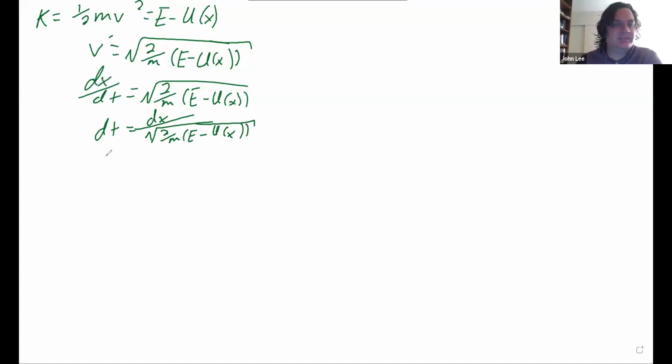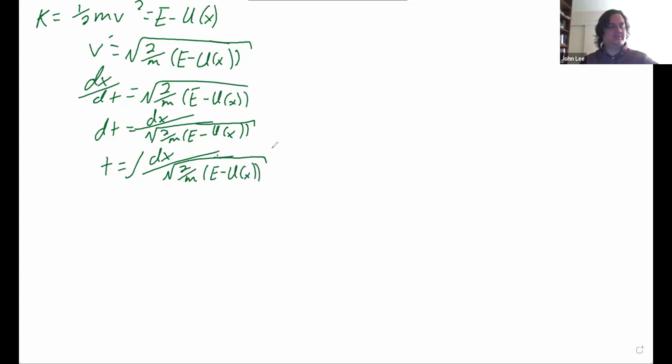Which means that t, the time that it takes to travel along any path given just the energy and the potential, is going to be the integral of dx over the square root of 2 over m times E minus U of x.